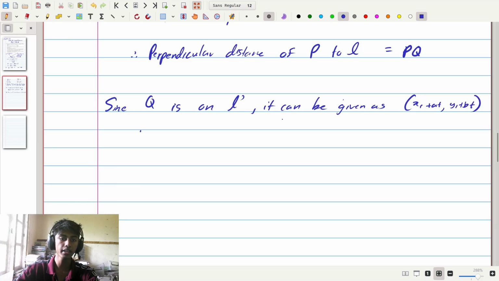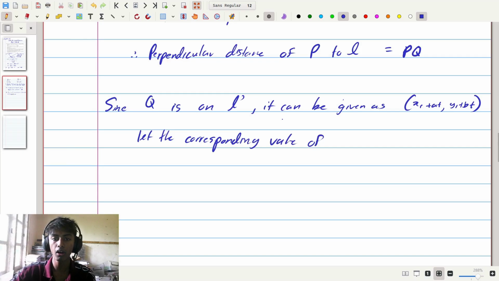And we'll say, let the corresponding value of t be a special value. In my case, let's say we could put t1 or something.